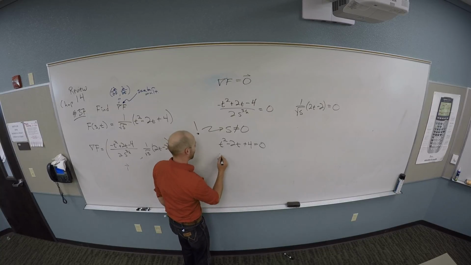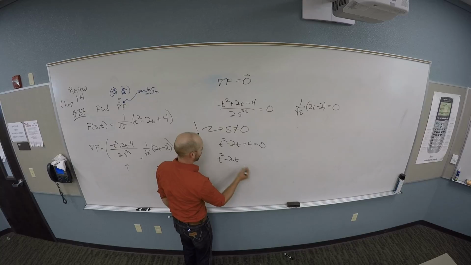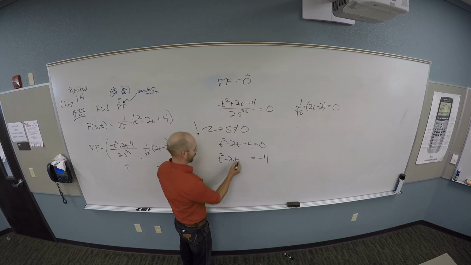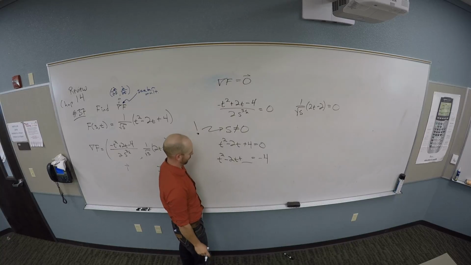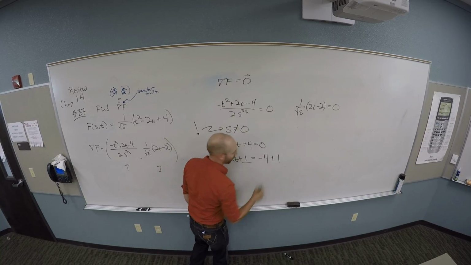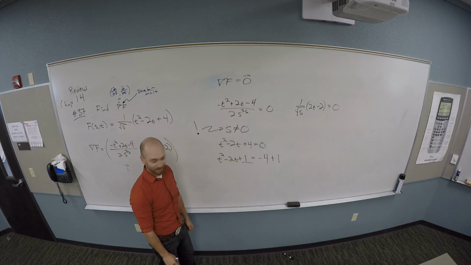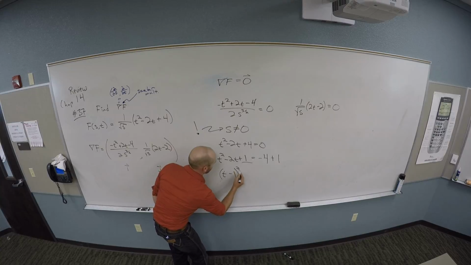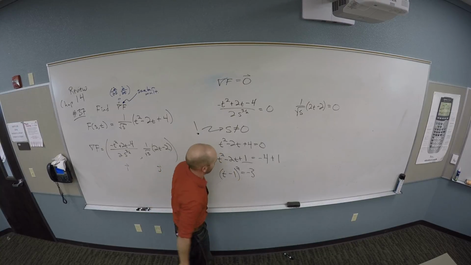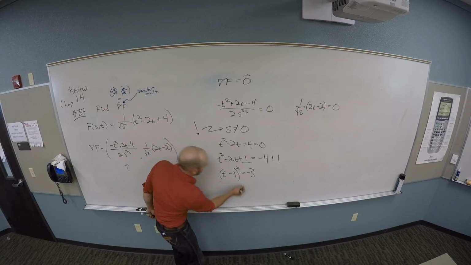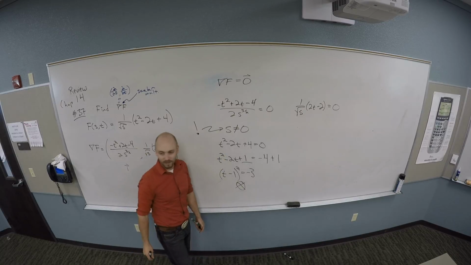So t squared minus 2t is negative 4, so I need a plus 1, or add 1 to both sides. Okay, so I get t minus 1 squared equals negative 3. Can't do that. Okay, there aren't any solutions.